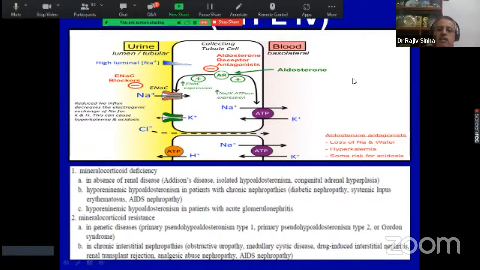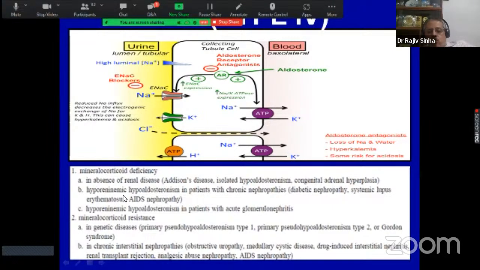That is, either the aldosterone is not there, or the aldosterone is there but it is not able to work on the aldosterone receptors, or there is some problem with the ENaC. Okay, so this is what is meant in this scenario where you have hyperkalemia and your TTKG is less than 7, and various disorders can cause this.